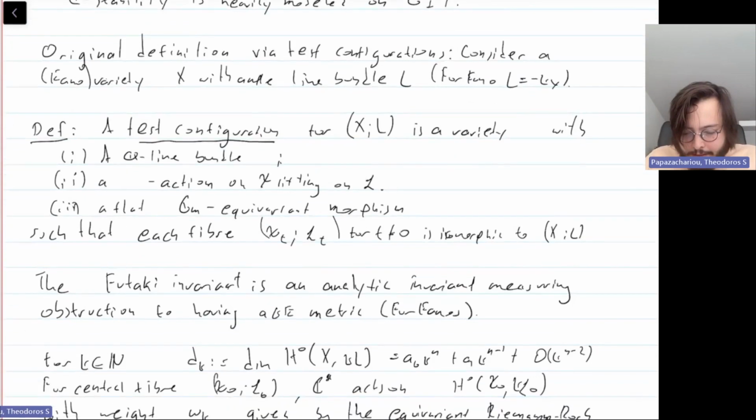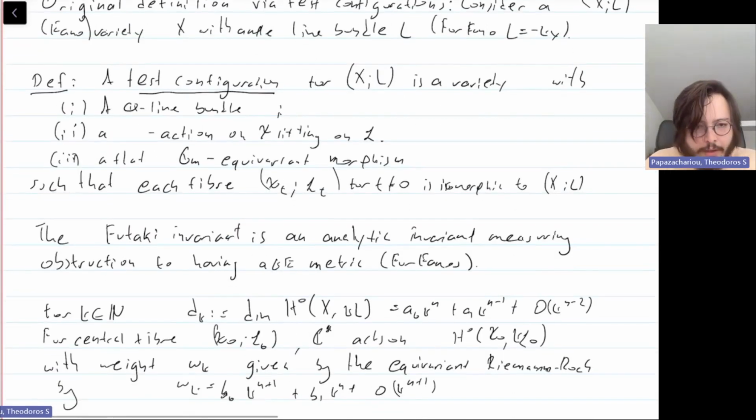We mentioned Fano varieties before, but the whole point is that if I take a polarized variety, so a projective variety with an ample line bundle, the test configurations can be defined in generality. It doesn't have to be only for Fano varieties. When we usually consider Fano varieties, the line bundle L is just minus K_X, the ample anti-canonical line bundle.